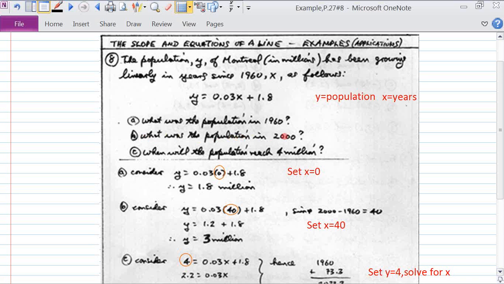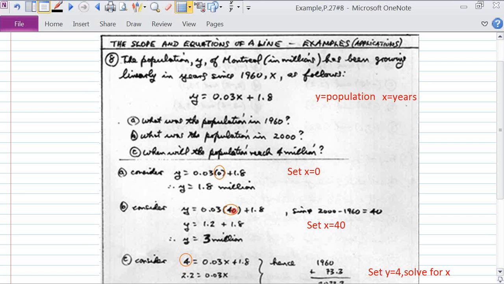B, what was the population in 2000? Well, if the formula originated in 1960, and we're in the year 2000, then 1960 to 2000 is 40 years difference, so X is 40, because the population depends on the number of years since 1960. We're talking about the year 2000.